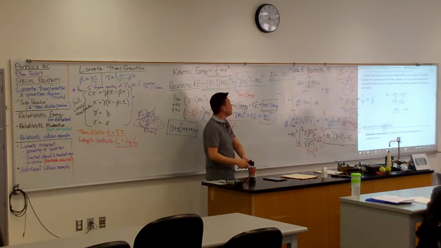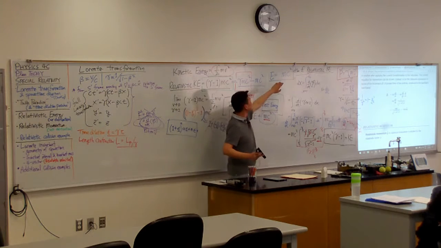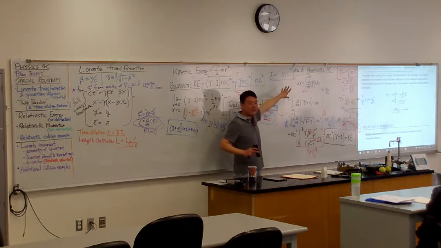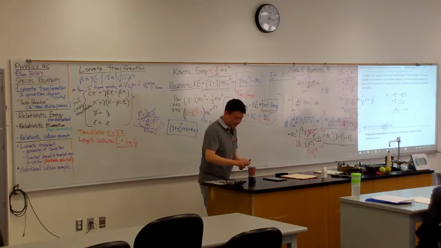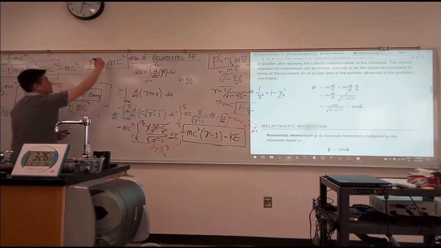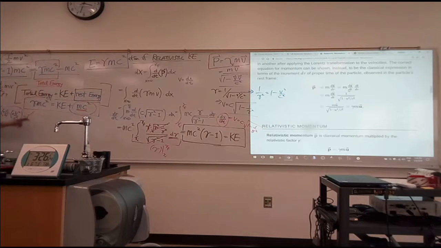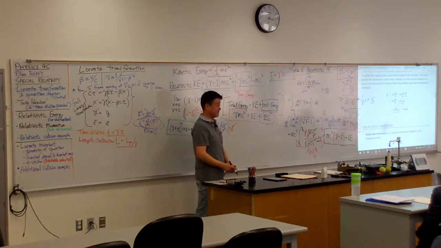Maybe other things too. But this, taken at face value, is wrong. To make it correct, you can do one of two things. You could put in this gamma here, because yes, that is total energy: gamma mc squared is the energy, including the kinetic energy.